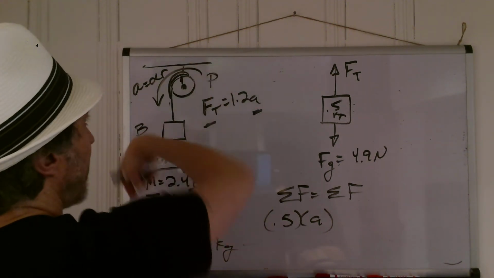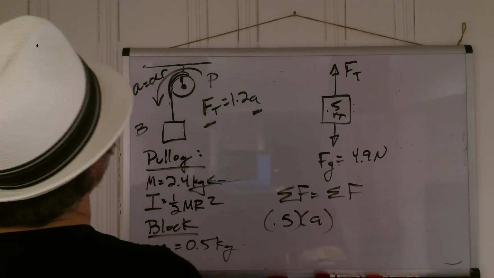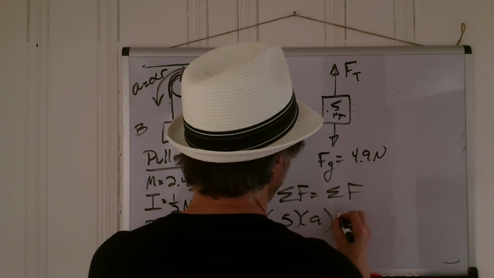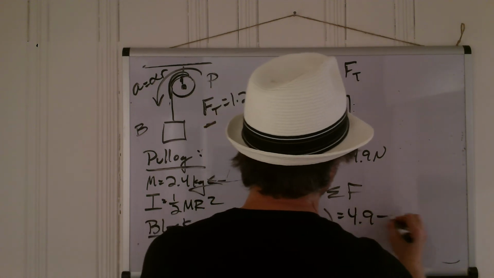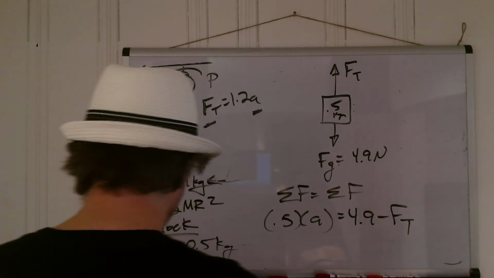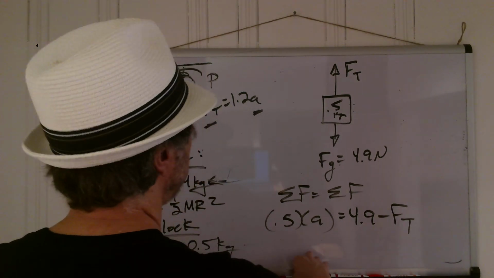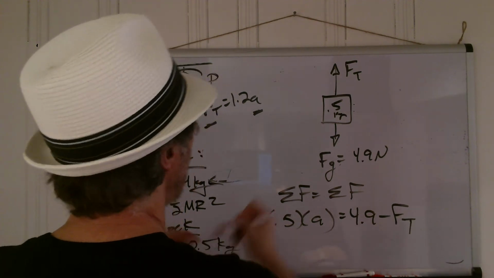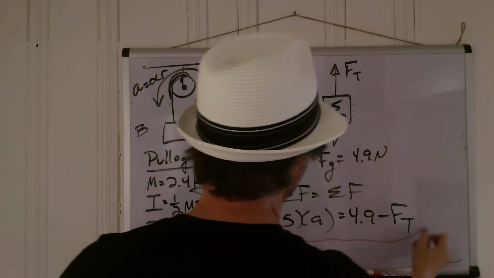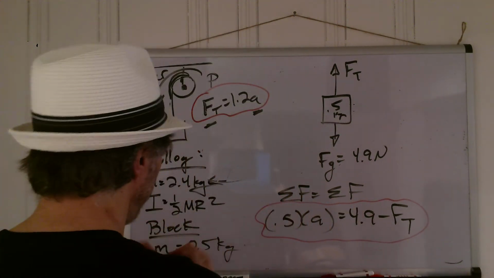So anything pointing in that direction I need to make positive, which means my tension over here is going to be negative and my gravity is going to be positive. So I've got 4.9 minus tension. Now we've got two equations: equation number 1, which was obtained by looking at the pulley, and equation number 2, which was obtained by looking at the hanging mass.